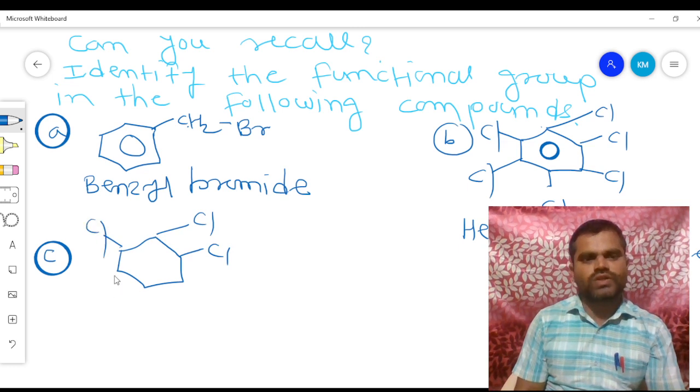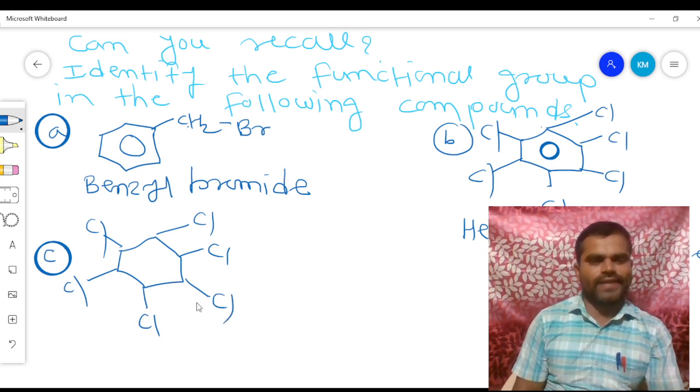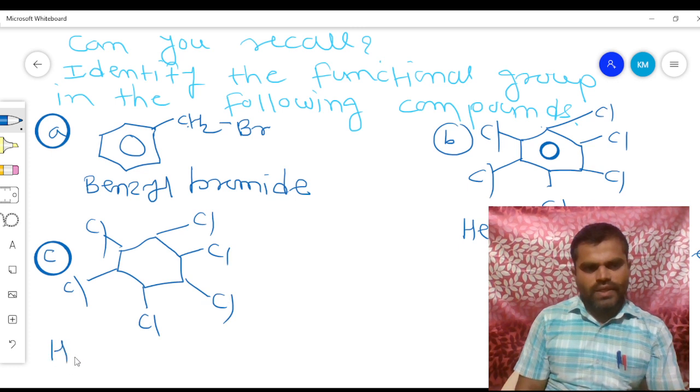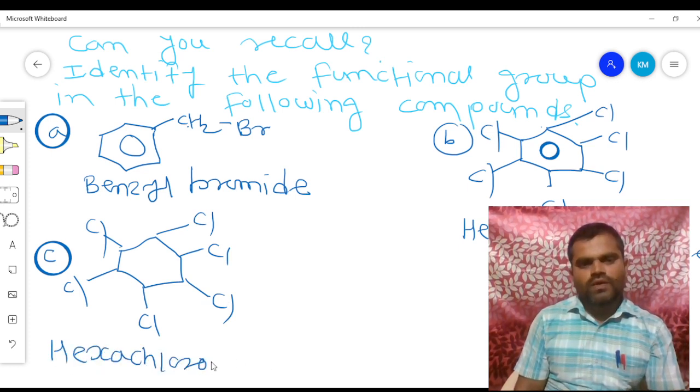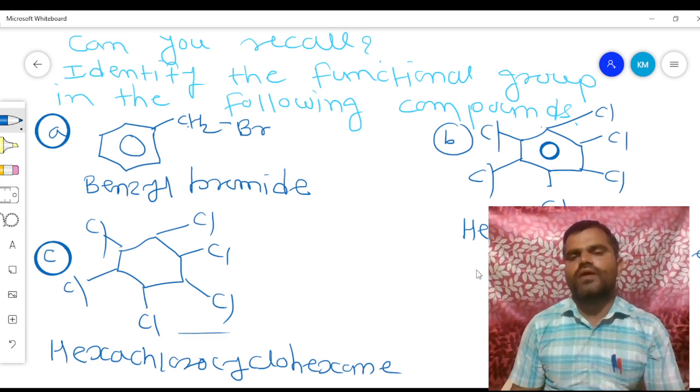In this structure, 6 Cl atoms get bonded to each carbon atom of the cyclohexane, so its name is hexachlorocyclohexane.